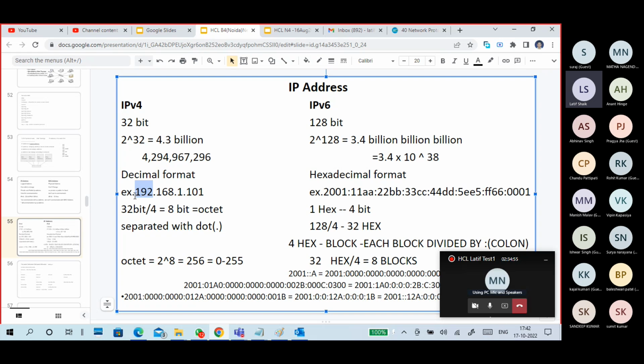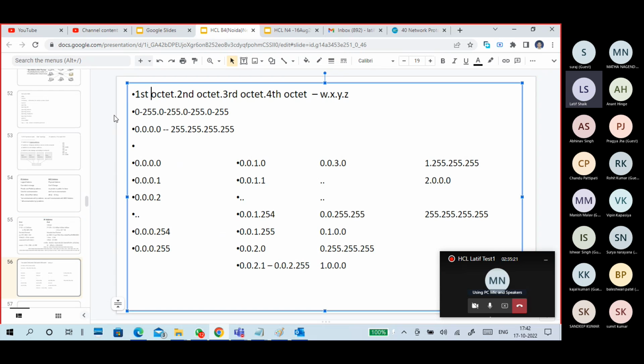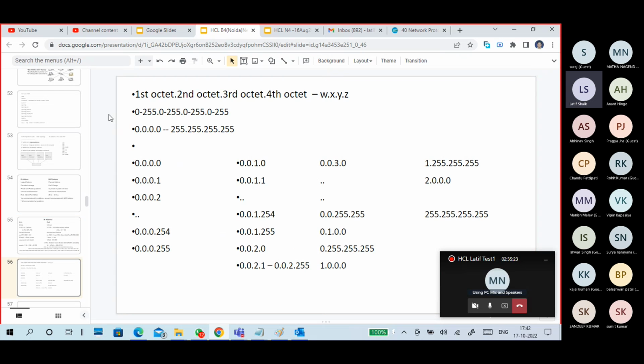So if you get an IP address and someone asks whether it is a valid IP or not, first of all, look at each octet and check whether any octet is more than 255. If any octet is more than 255, it is invalid. Other rules are there, but this is simple to understand and notice. Next, we call them the first octet, second octet, third octet, and fourth octet.